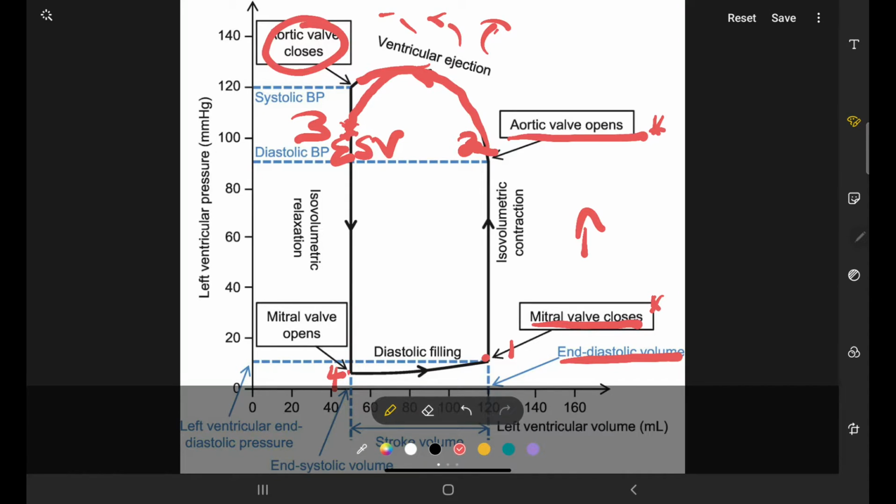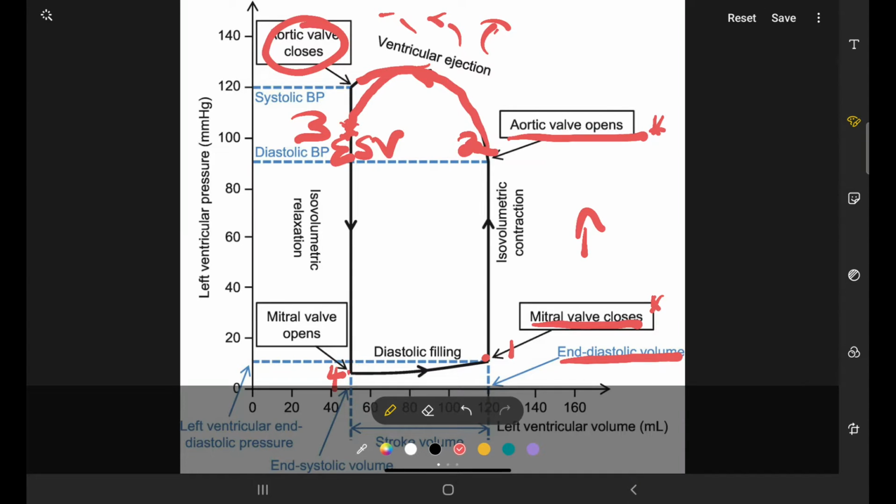All right. You can look up Ganong or Guyton to see how their pressure volume loops look. But now what I want to bring to your attention is what may happen in terms of the indices. So what changes can happen to this particular loop if there is increased preload.